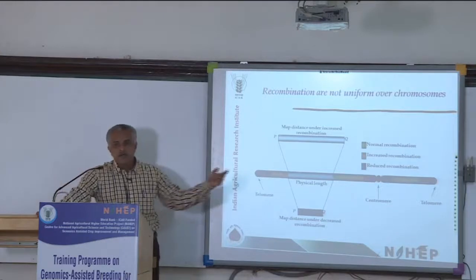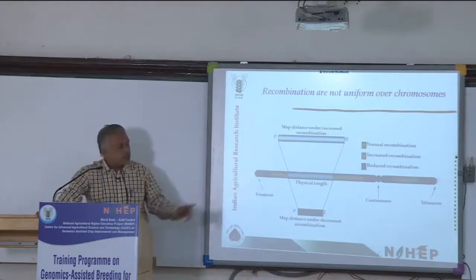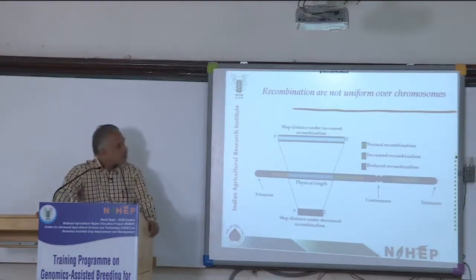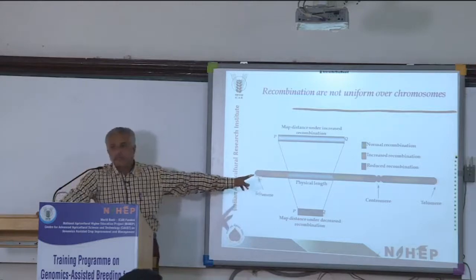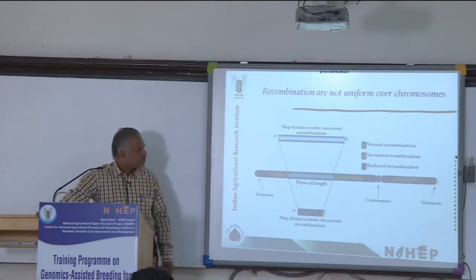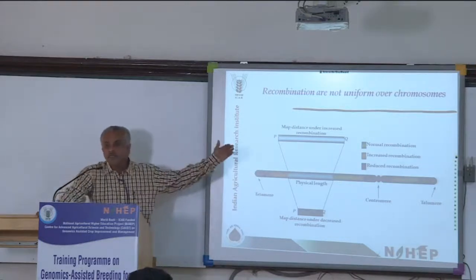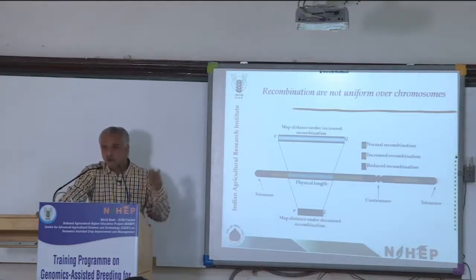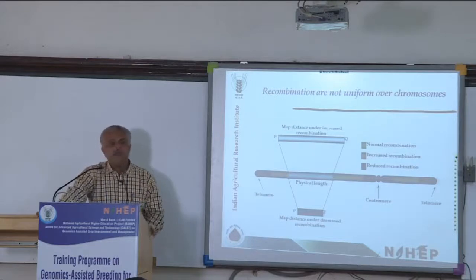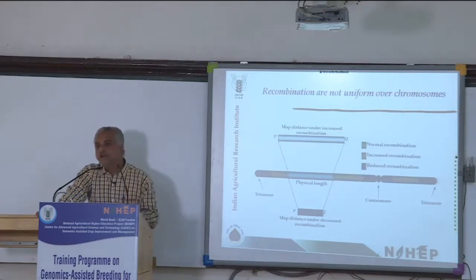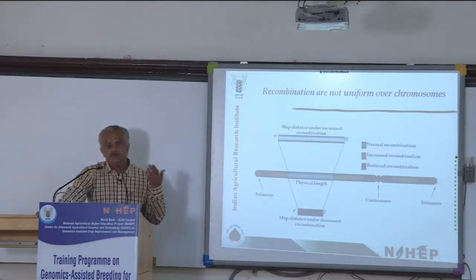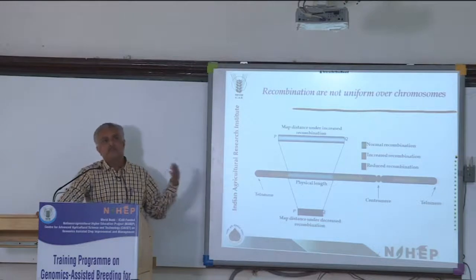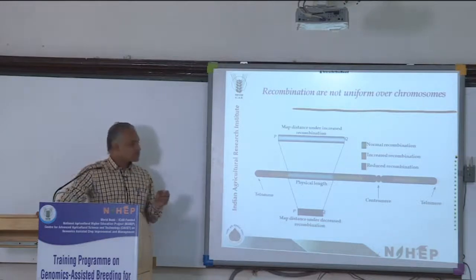For example, as shown in the picture here, although the physical length is this much, if the recombinations are very high, you have a tendency to overestimate the distance, and if the recombinations are very few, there is a tendency to underestimate the distance, or the recombination frequencies.